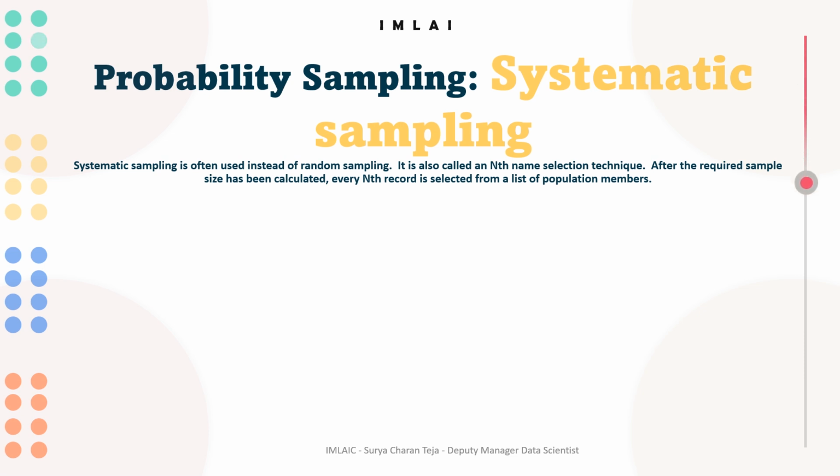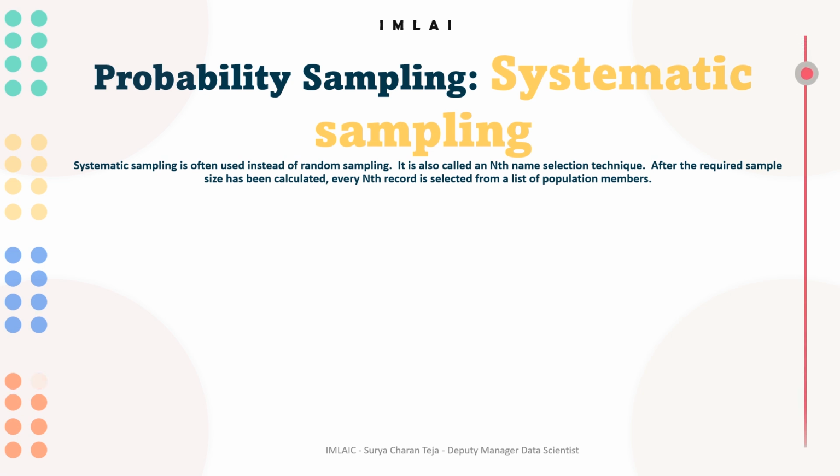After the required sample size has been calculated, every nth record is selected from a list of population elements. As long as the list does not contain any hidden order, this sampling method is as good as the random sampling method. Its only advantage over random sampling is simplicity and possibly cost effectiveness.